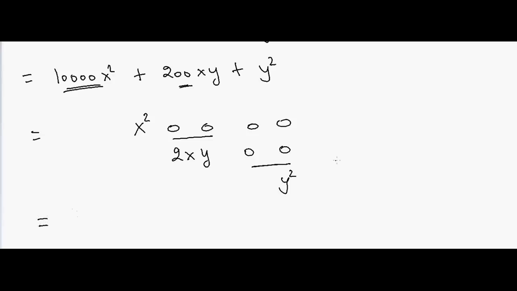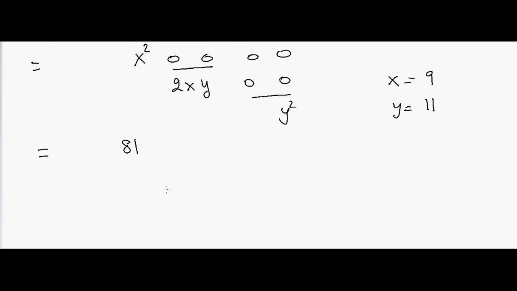So again, if I have x equal to 9 and y equal to 11, then you can see that 9 square is 81. So there is no limit for x square here, right? And then we have 2xy, so 2 into 9 into 11, which is 18 into 11, and that is equal to 198.